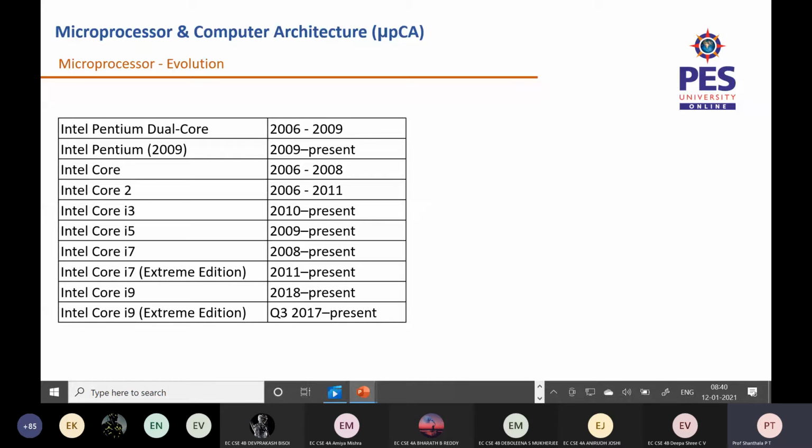So now, including the Intel processor, we have the AMD processor. So as a computer engineer, we need to understand all this here.